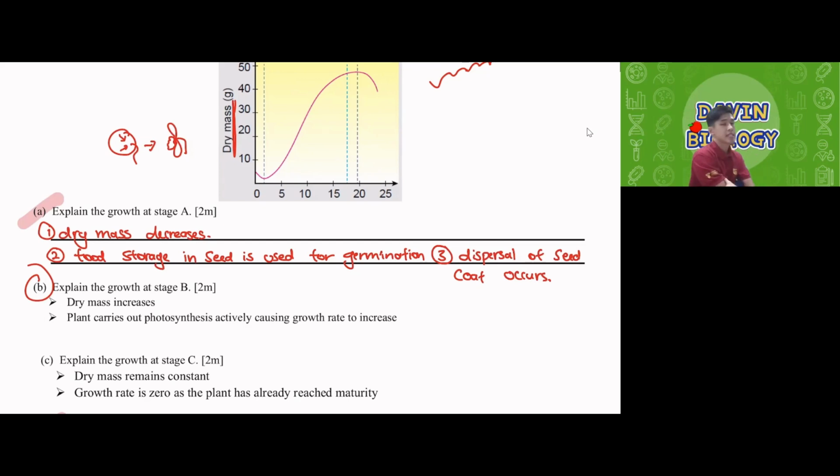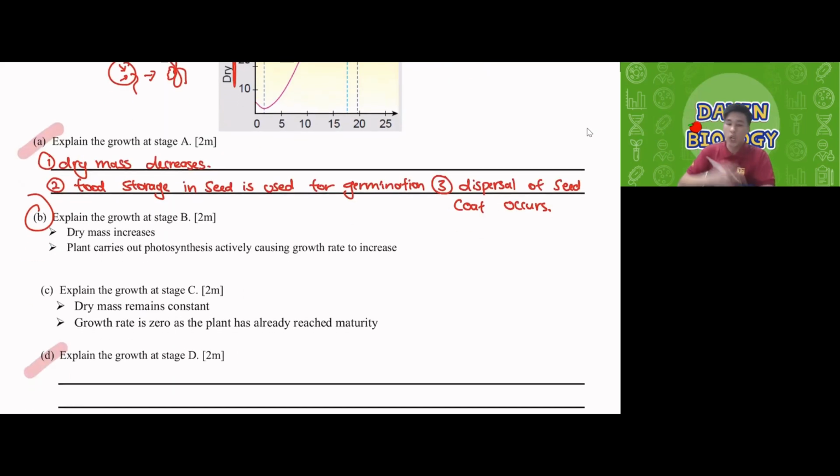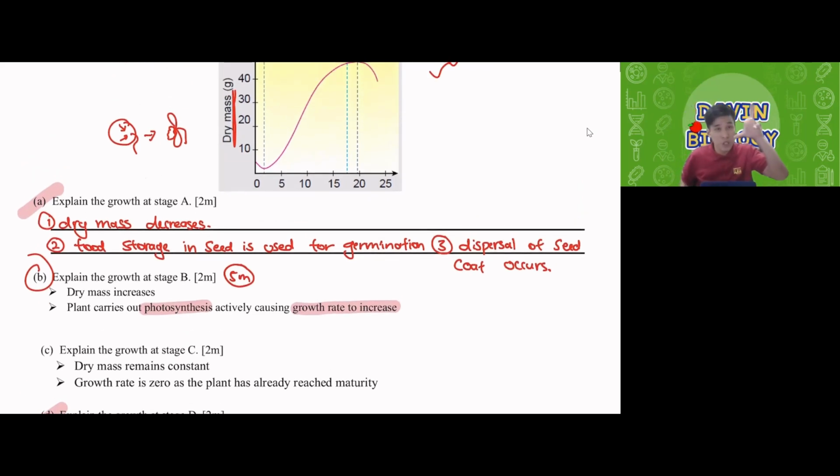Explain the growth at stage B. So this year I'll give you 5 marks. Okay, so we know the mass then start to increase. As they say, because the plant carry out photosynthesis, causing the growth rate to increase. But before we mention photosynthesis, right, now you can explain a bit why suddenly they can photosynthesis and grow a lot. Because as you germinate, right, what you start to form?